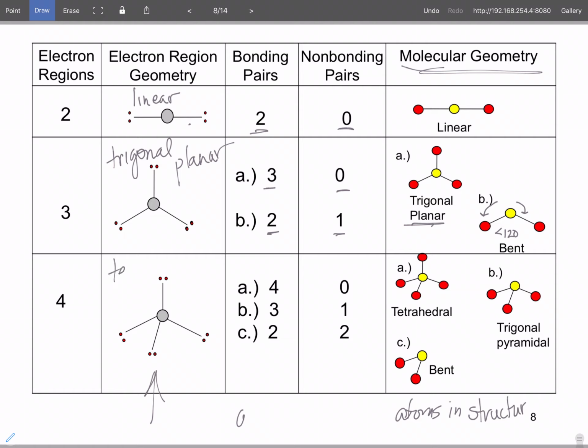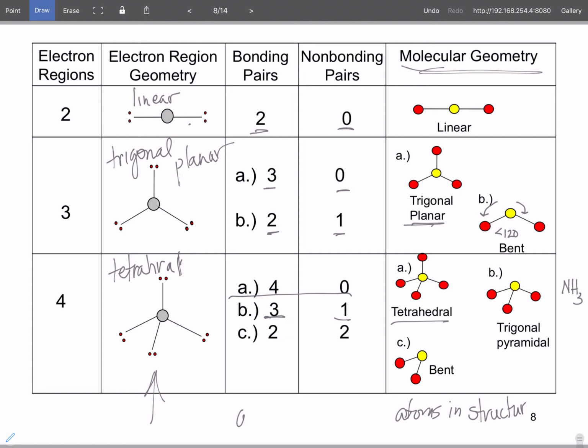So with 4, electronically, and yes, you're going to have to ID both the electronic and the molecular structure, you're going to get tetrahedral. So again, if you have 4 bonding, 0 non-bonding, you're tetrahedral again. If you have 3 bonding and 1 non-bonding, you're going to end up with trigonal pyramidal.